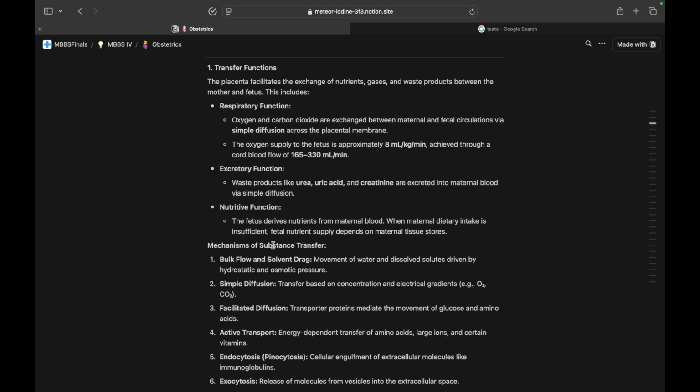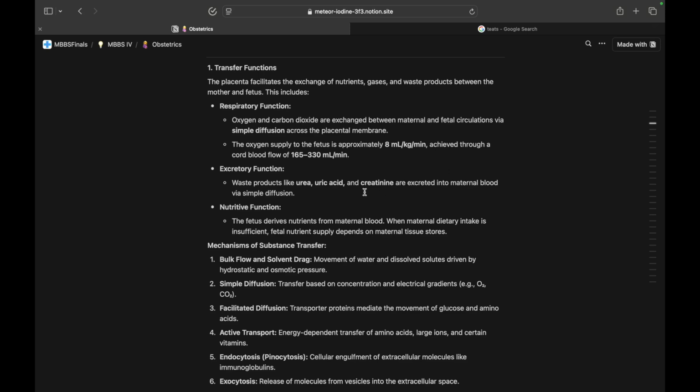So as the fetus metabolizes various things, in case of proteins it gives rise to urea, in case of DNA and other nucleotides it gives rise to uric acid, and in case of creatine it gives rise to creatinine. So these are excreted. These are a lot in quantity, concentration wise.